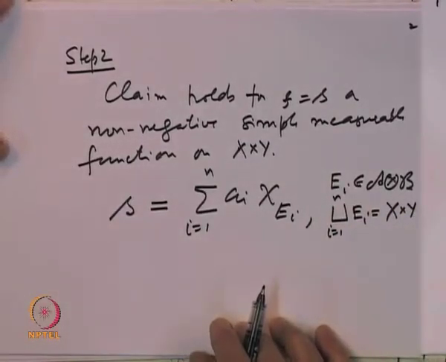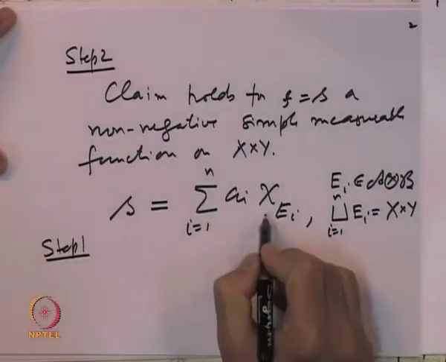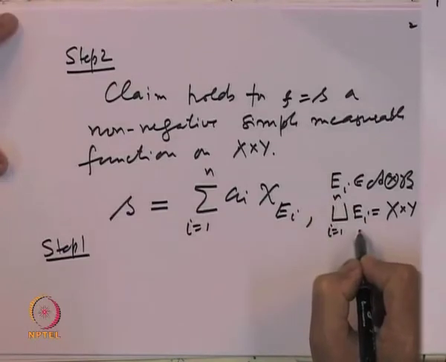Right. And now, by step 1, what does step 1 say? Step 1 says for each E_i the claim holds.